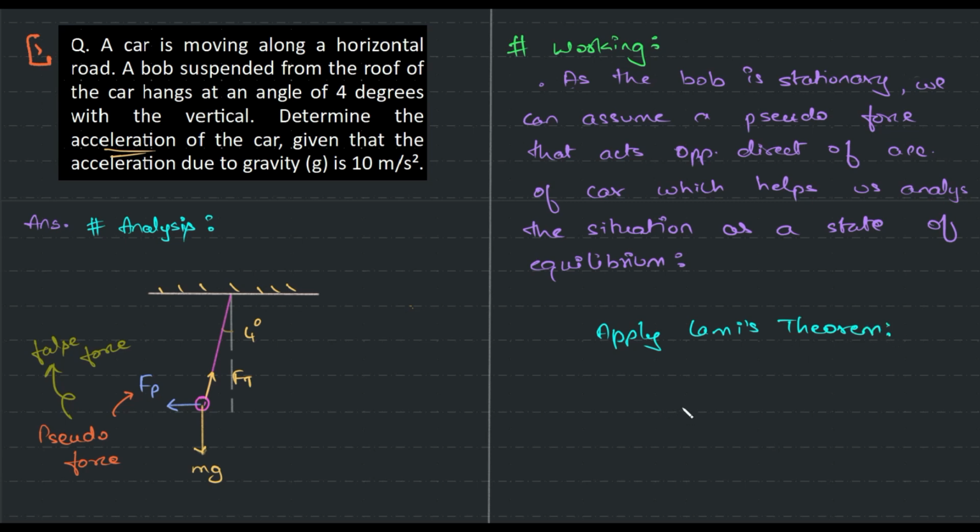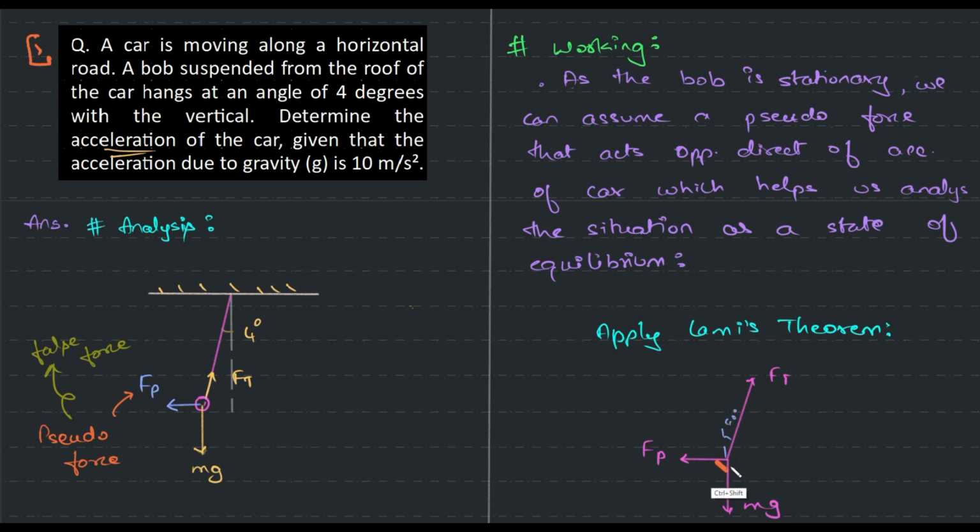So what do we have? We have one force, and one force. This is mg, this is fp, and we have this to be ft. So since this is 4 degree, then this has to be 4 degree.